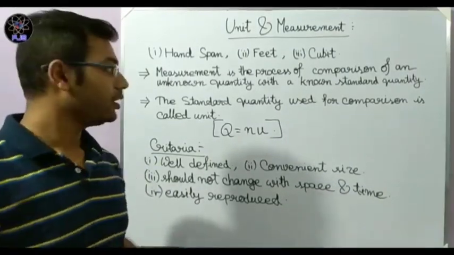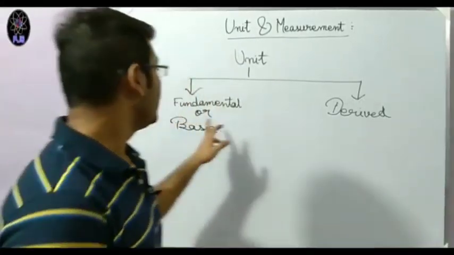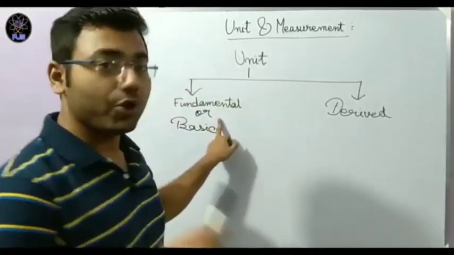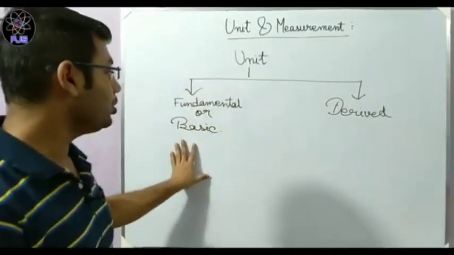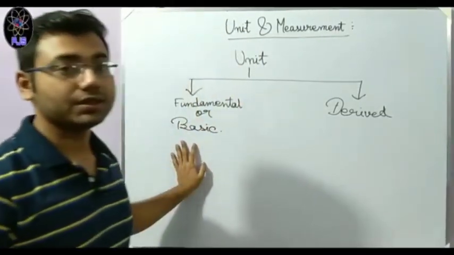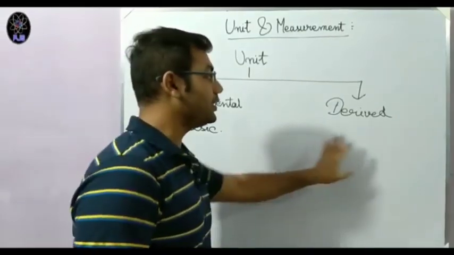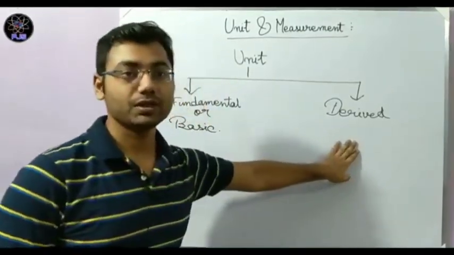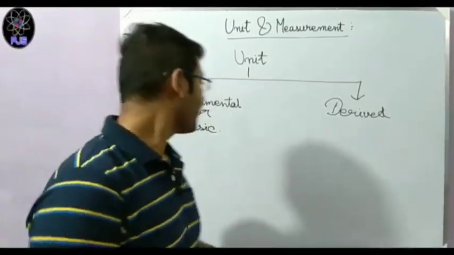Okay, so the next thing is that units are of two types. One is fundamental or basic unit and the other is derived unit. We all know that fundamental units are those which are independent and derived units are those which depend on other units.